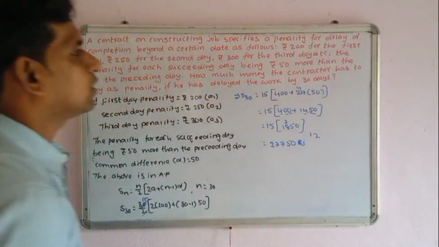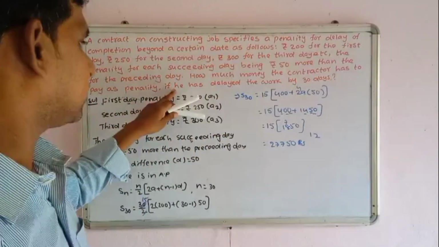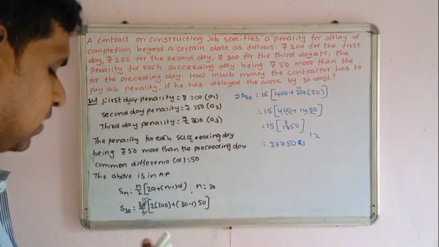Okay, so how much money the contractor has to pay as penalty if he has delayed the work by 30 days is 27,750.